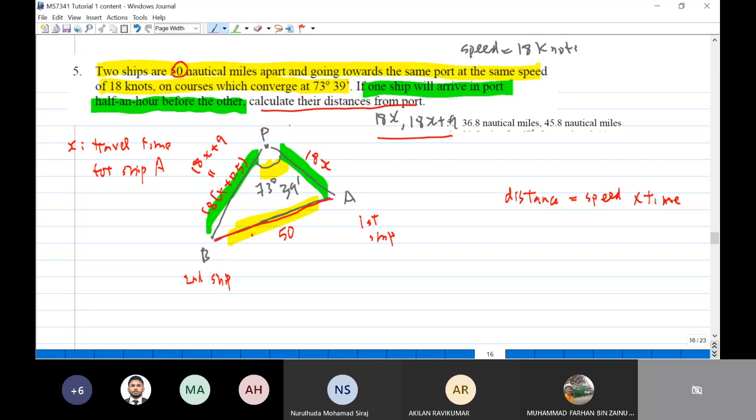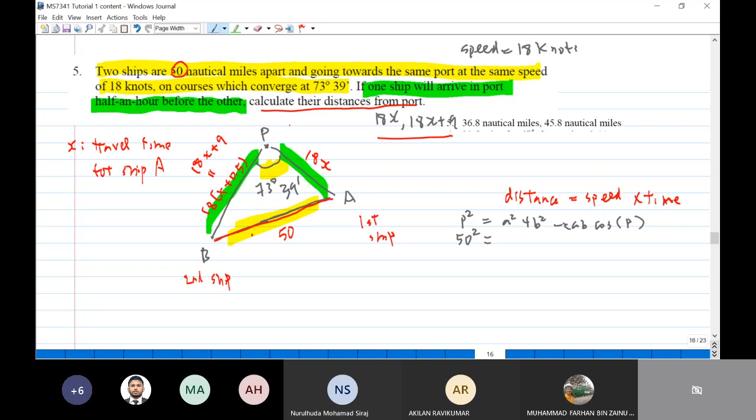You can use the law of cosine to help you. Let me write it down first. Law of cosine: 50 squared, which is the side opposite P, so p squared is equal to a squared plus b squared minus 2ab cosine P. This is the formula.